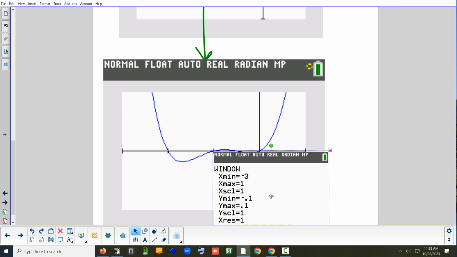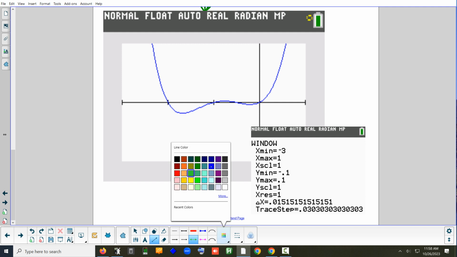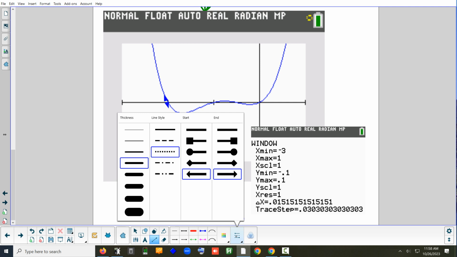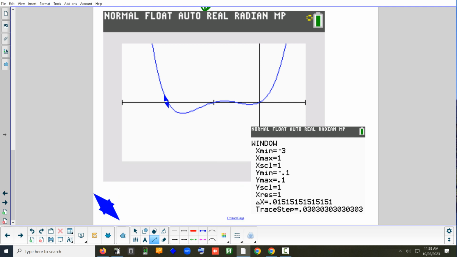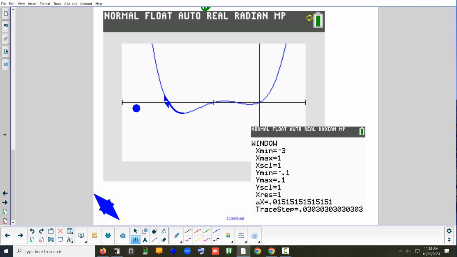Did the thickness of the line affect the picture? The only thing that a thick line would do is make it harder to see, because if this line started to get really thick, especially in that area, it's like if I draw a really thick line, then it's hard to see.